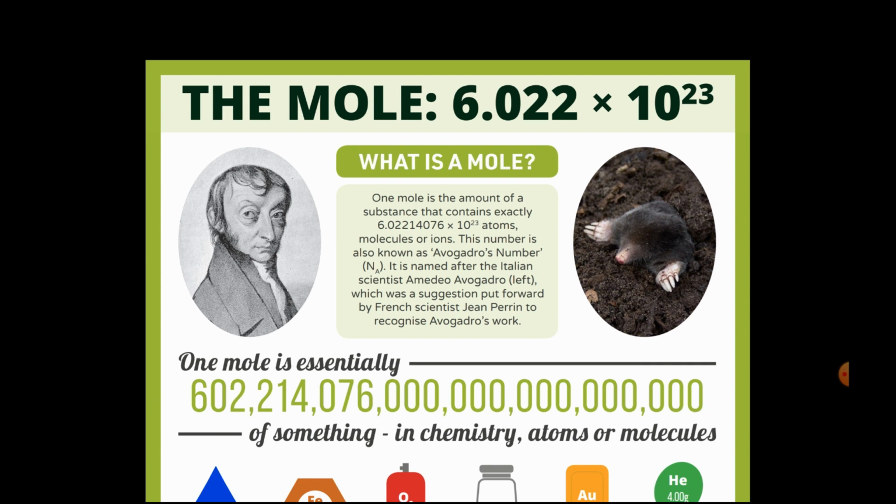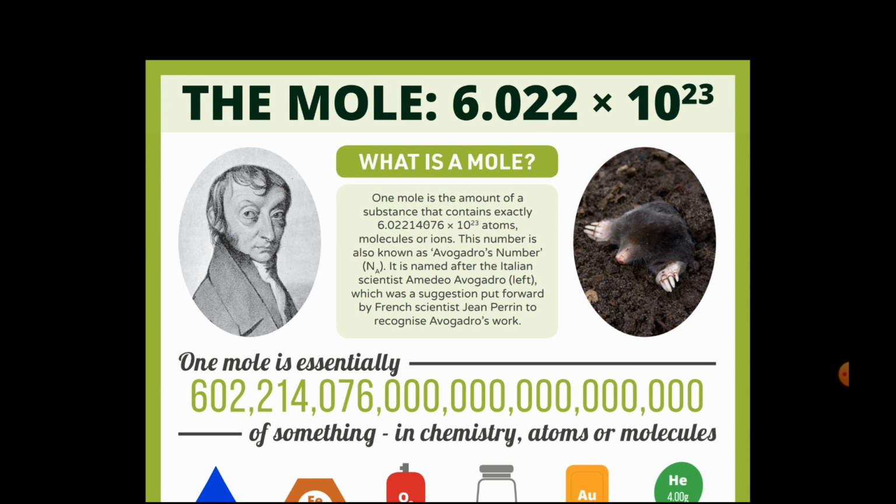In chemistry, we just refer to it as atoms or molecules or even ions. But where we would refer to 12 eggs as being a dozen eggs, in this case we would refer to 1 mole representing that amount of particles.